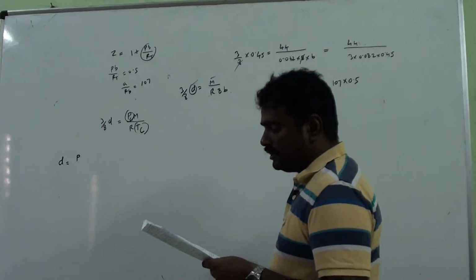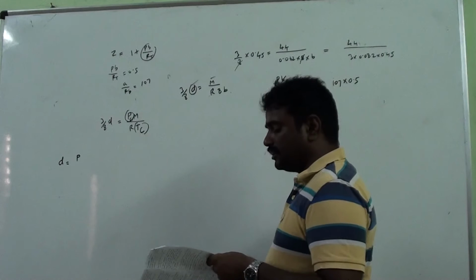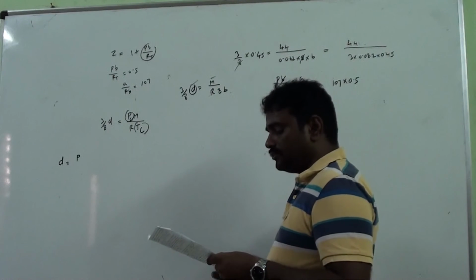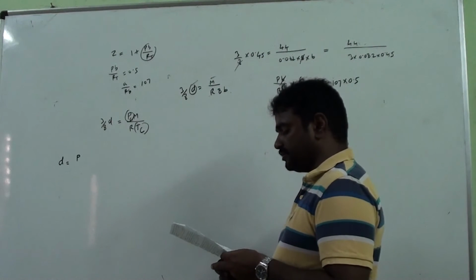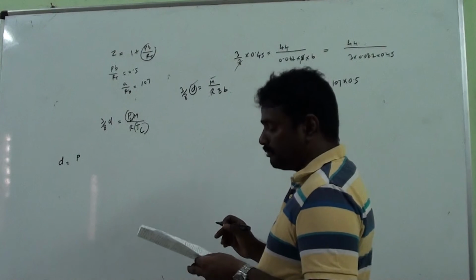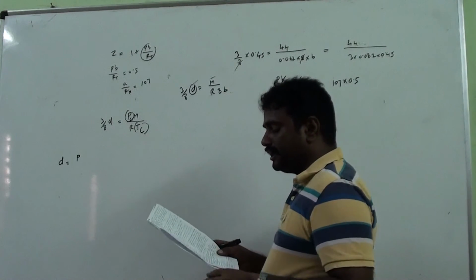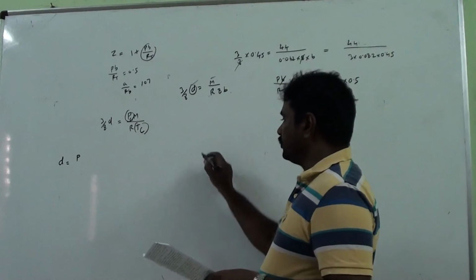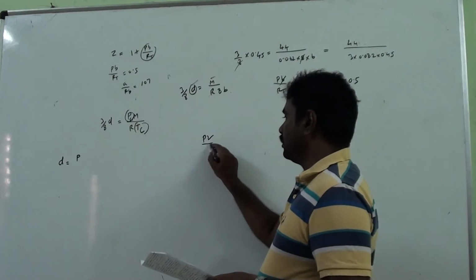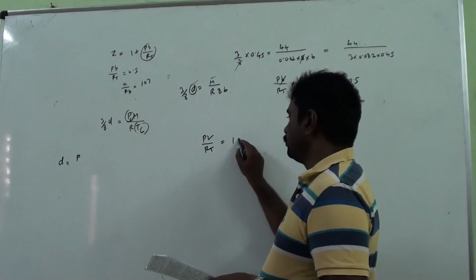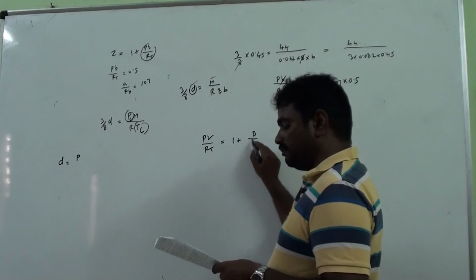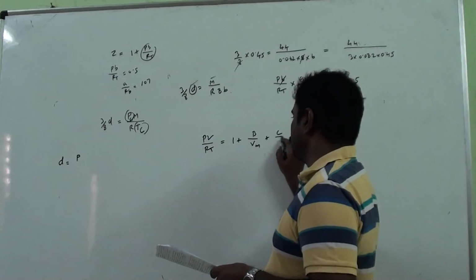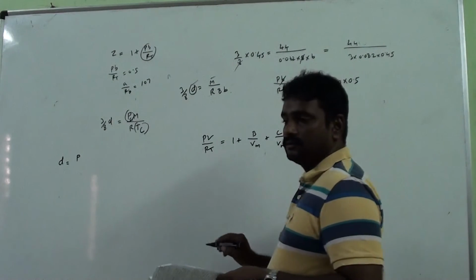One form of the virial equation is this. The b is the second virial coefficient, c is the third virial coefficient. The other form of writing is 1 plus b dash P. Z equal to PV by RT, which is nothing but 1 plus B by Vm plus C by Vm square. Am I right?